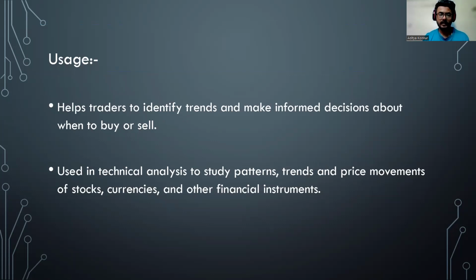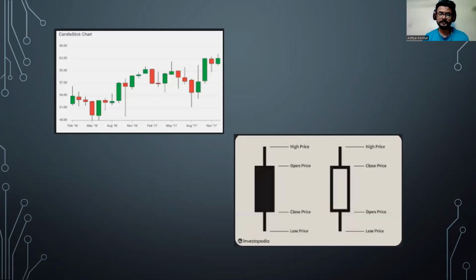Usage of the candlestick plot is it helps traders to identify trends and make informed decisions about when to buy or sell the stocks. It is used in technical analysis to study patterns, trends, and price movements of stocks, currencies, and other financial instruments as well.